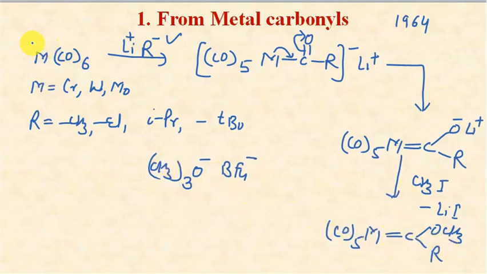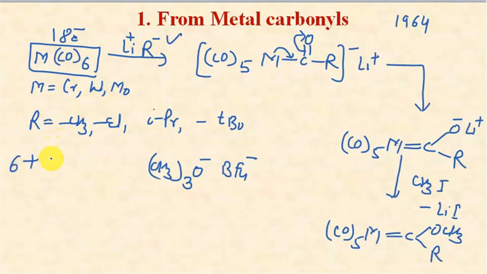As far as the electron count is concerned, in M(CO)6 there are 18 electrons. How can we calculate them? Metal is either chromium, tungsten or molybdenum, so we have 6 electrons in the valence shell for these metals, and 12 electrons in total are contributed by the 6 CO groups. So there are 18 electrons. In the final product, we have 5 CO groups contributing 10 electrons, plus the metal contributing 6 electrons, plus 2 electrons contributed by the carbene substituent.